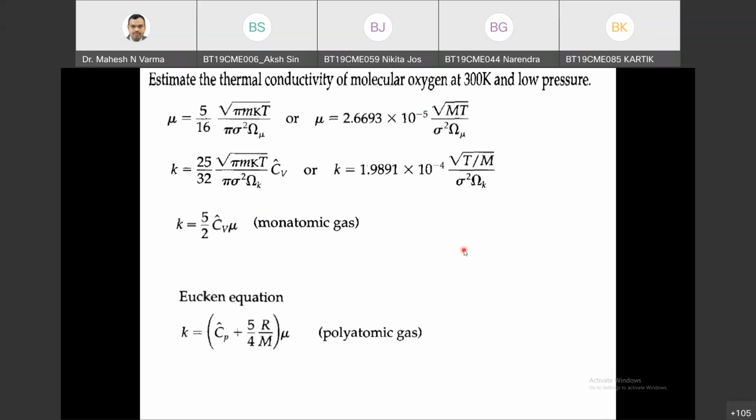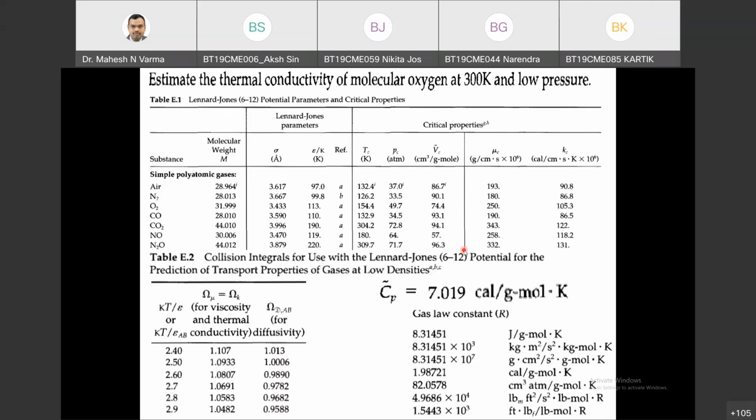So, which values will you be using here? Sir, for oxygen, we have sigma as 3.433, then epsilon by k as 113.